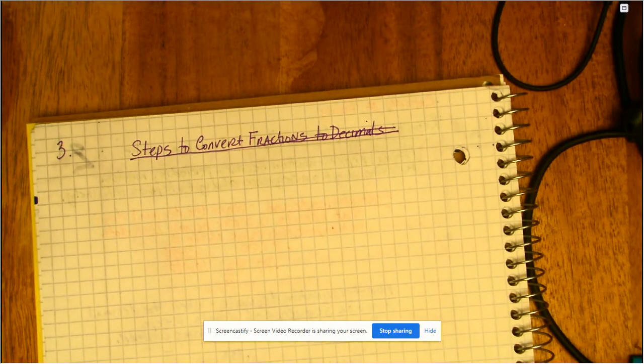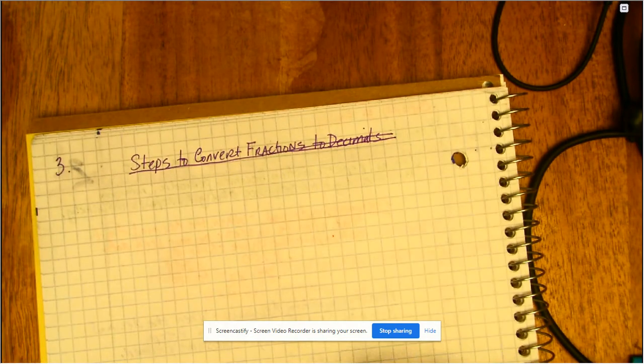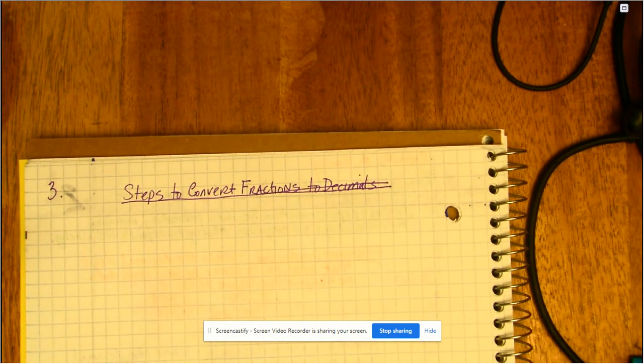So moving to page 3, I just make sure to mark it page 3. And at the top, steps to convert fractions to decimals.